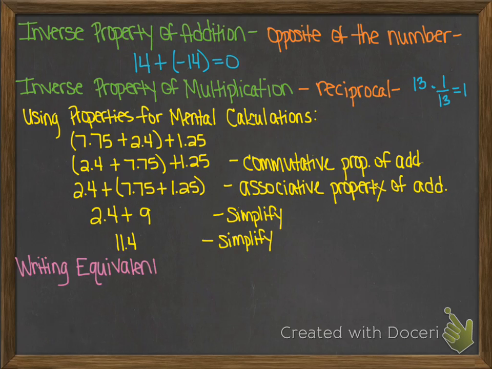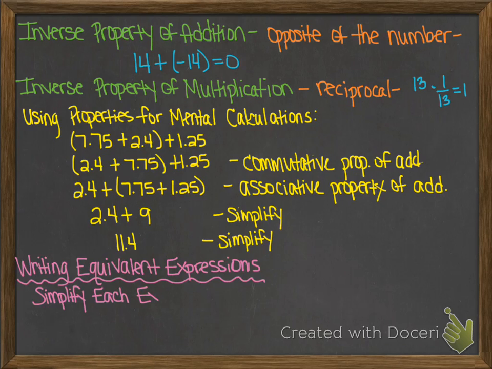Alright, so let's look at writing equivalent expressions. And when we're writing equivalent expressions, most likely your directions are going to say simplify each expression, justify each step. Okay? In the previous example using mental calculations, I went ahead and justified each of my steps so that you've seen it a couple different times. So first example, 4 times the parenthesis 8n.